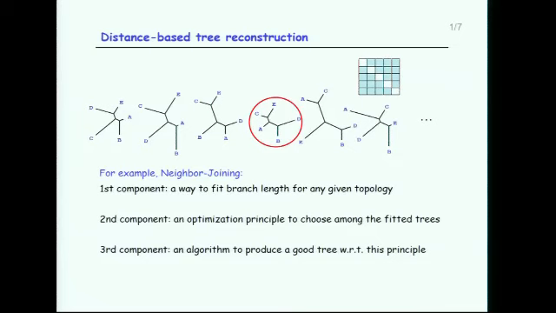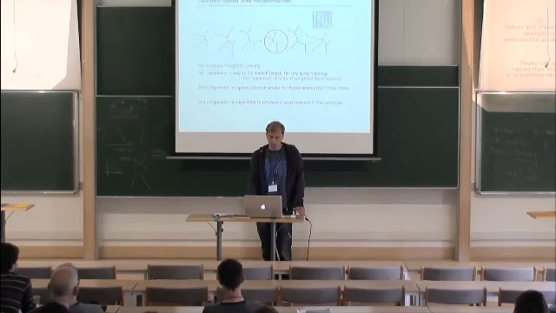So this framework can be applied for every method in distance-based tree reconstruction, even neighbor joining, which wasn't thought to fit into this three-way division. For instance, for neighbor joining, now it's clear that the branch lengths are fitted using a balanced version of weighted least squares. I'm not going to explain what this is.